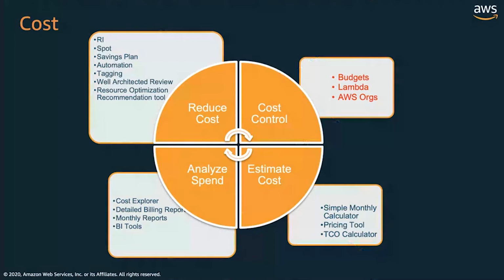If I move to the next quadrant, we can also analyze that spend. We have things like Cost Explorer, the detailed billing report, and monthly reports. Amazon also, as another part of the portfolio, has business intelligence tools.